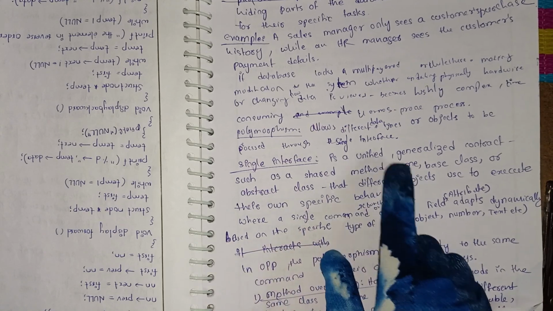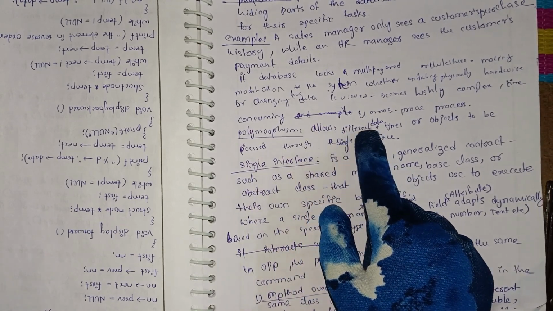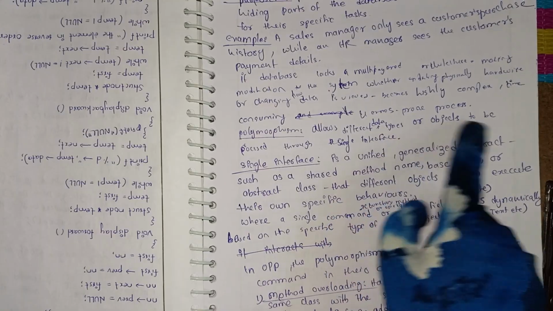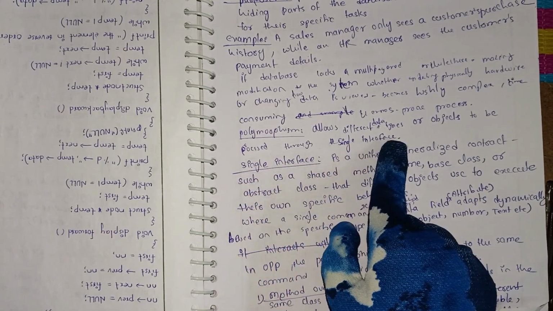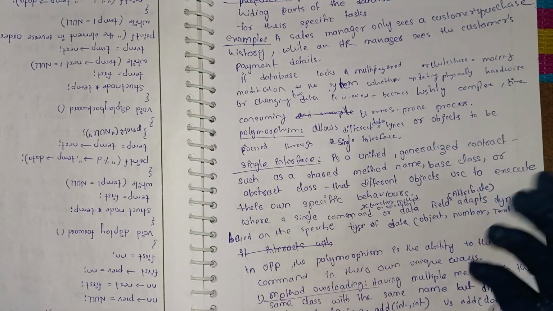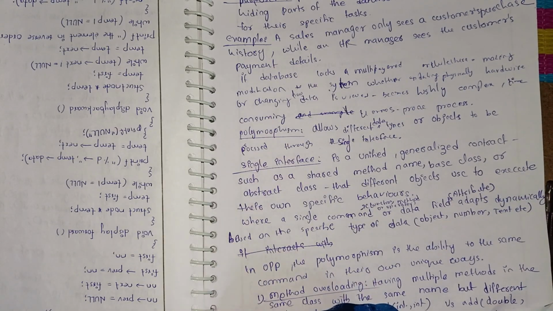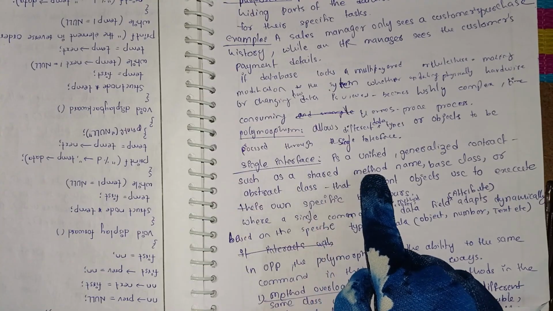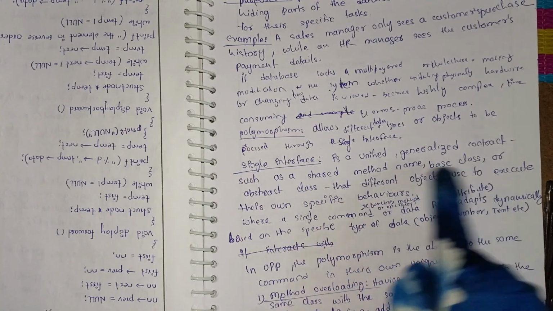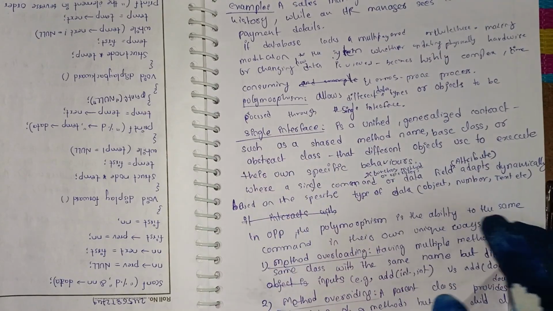Here we have seen what a single interface is. So polymorphism allows different data types, objects, to be processed through a single interface. Different types of objects execute their methods by sharing the same method name, base class, or abstract class. That's the meaning of polymorphism in the DBMS.